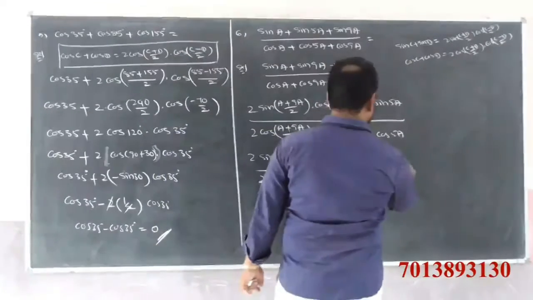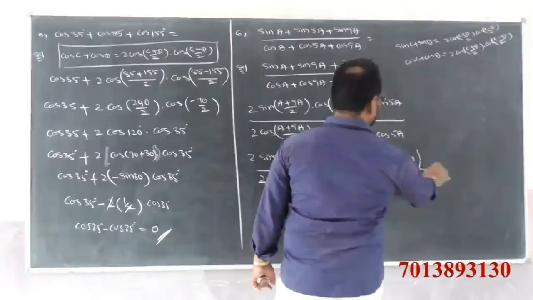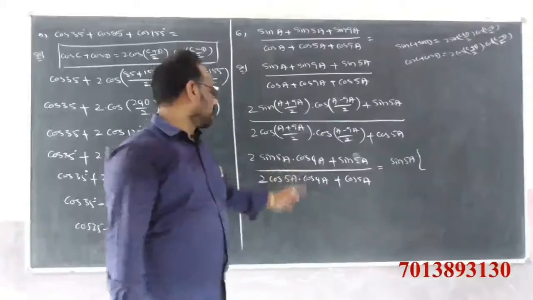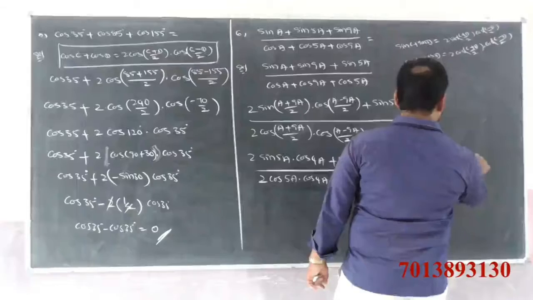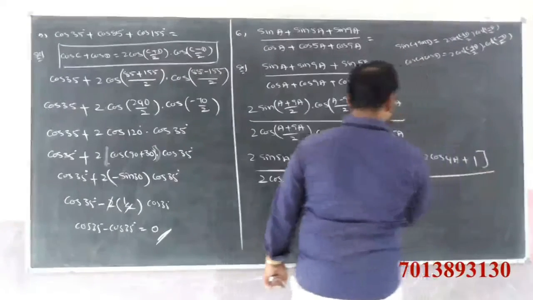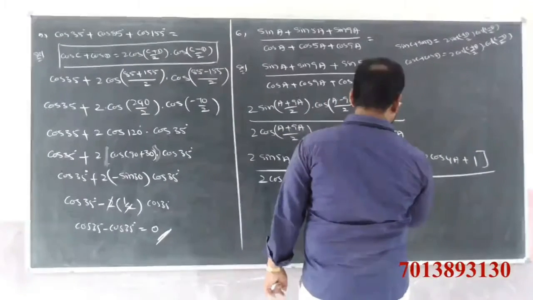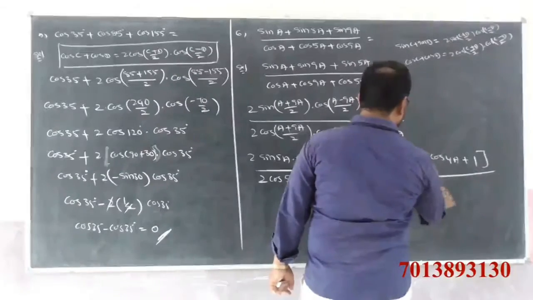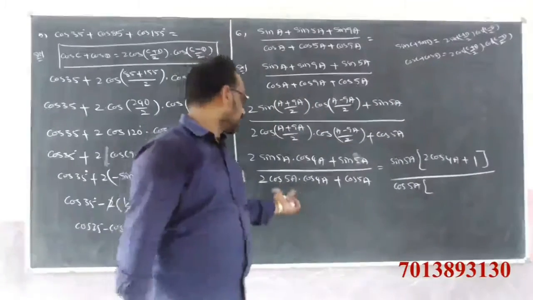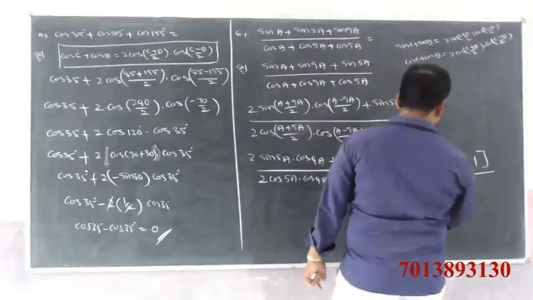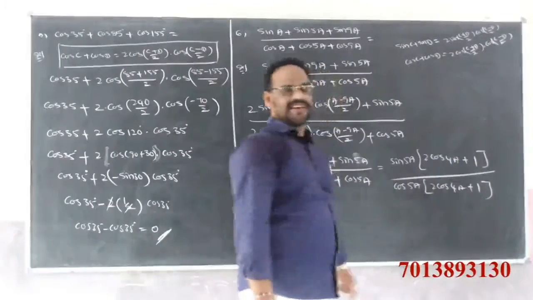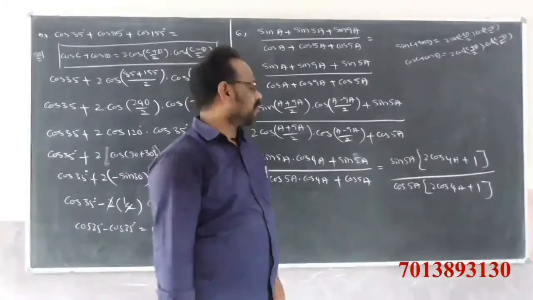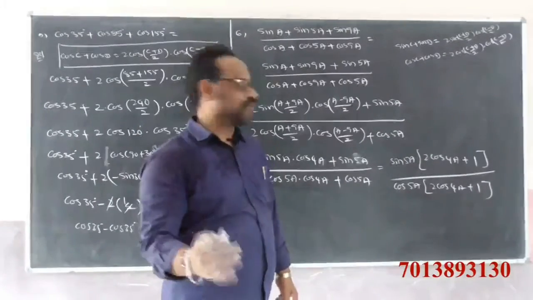Sin 5A is common in the numerator, giving sin 5A (2 cos 4A plus 1), and cos 5A is common in the denominator, giving cos 5A (2 cos 4A plus 1). Observe here, in the numerator and denominator we have 2 cos 4A plus 1 by 2 cos 4A plus 1, which cancel.